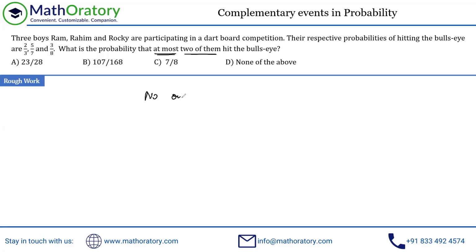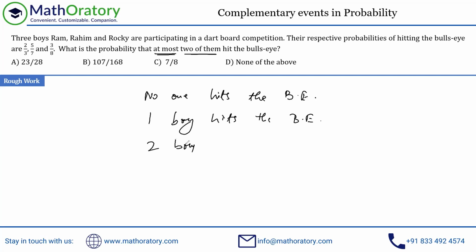No one hits the bullseye. I'm just writing this as BE, bullseye. One person, or one boy, hits the bullseye.